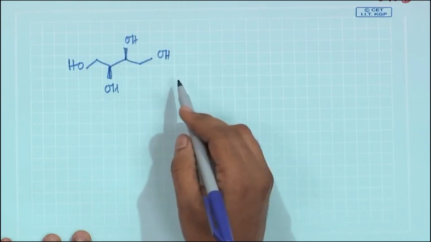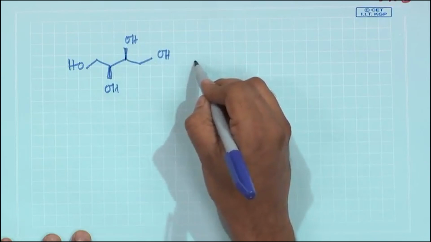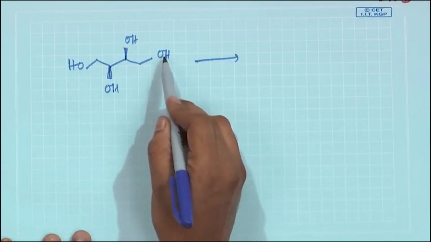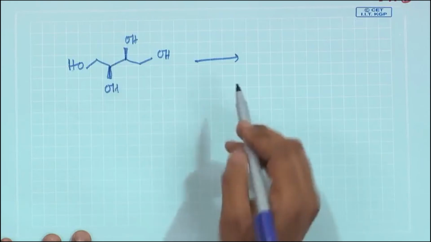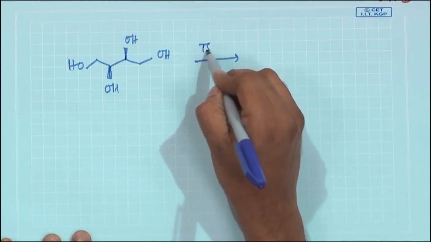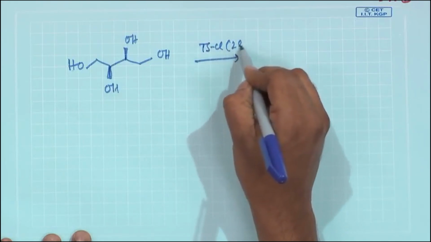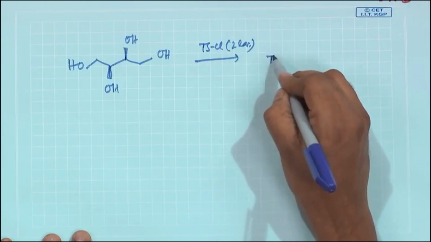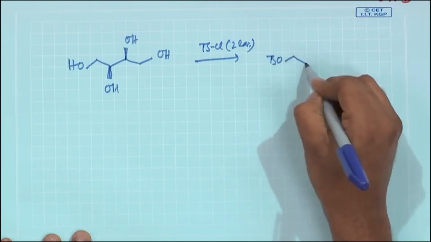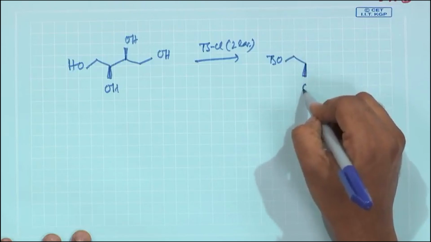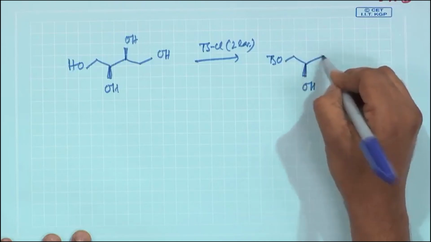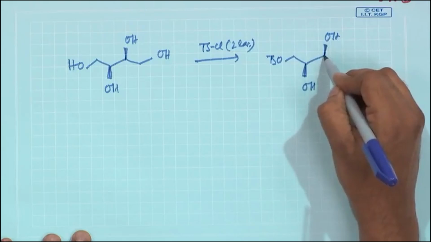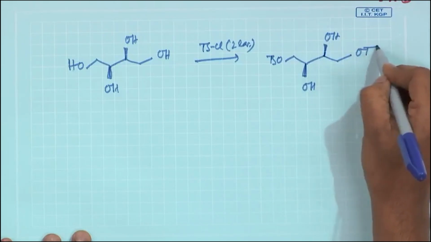Now, what exactly do you need to do? This is a tetrol having 2 primary hydroxyl and 2 secondary hydroxyl groups. So, you react with 2 equivalents of tosyl chloride to get this ditosylate.